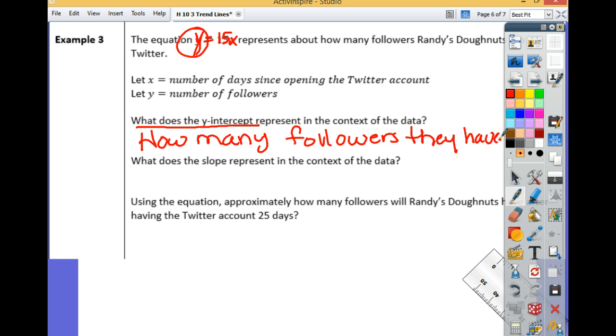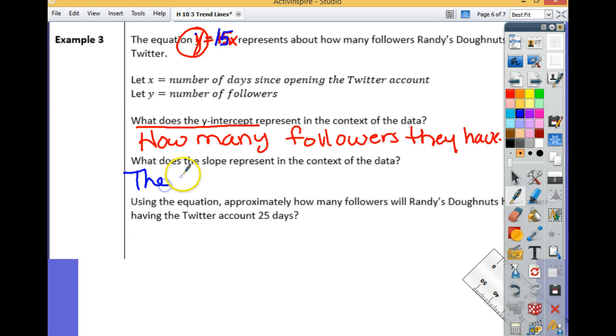What does the slope represent in the context of the data? What is the slope up here in this equation? 15. What does 15 represent then in this equation? The number of followers added what?